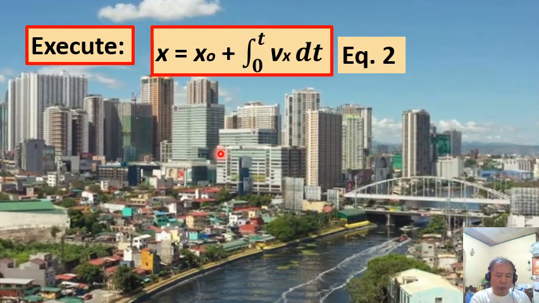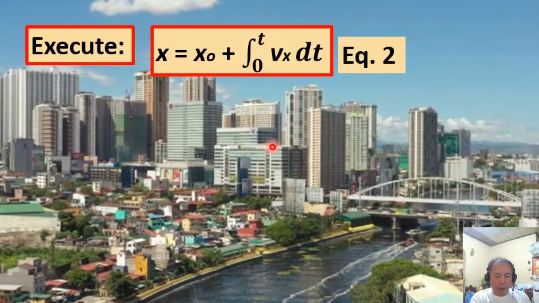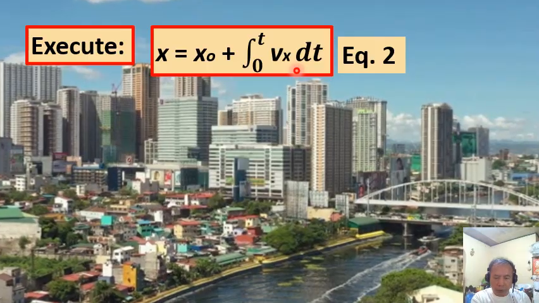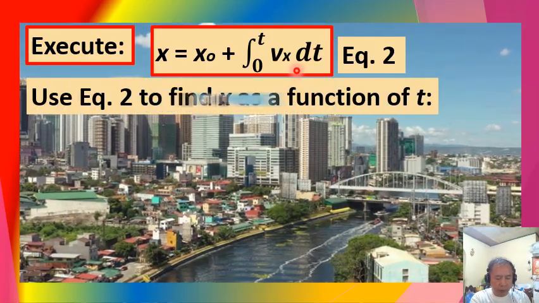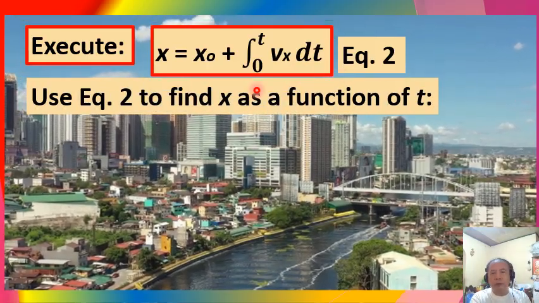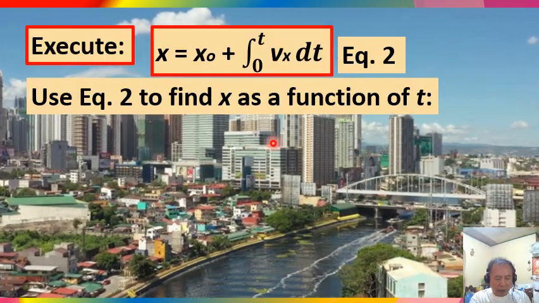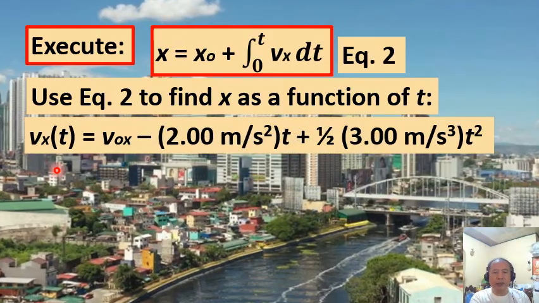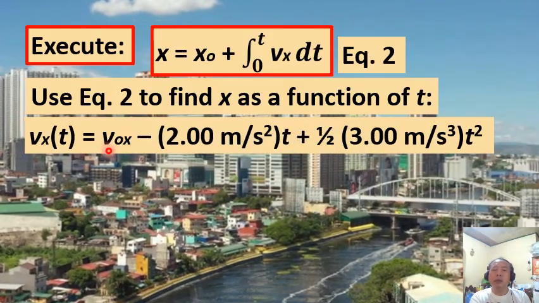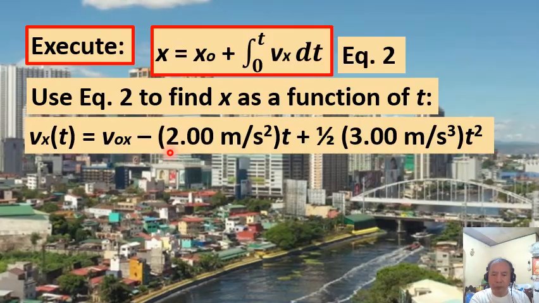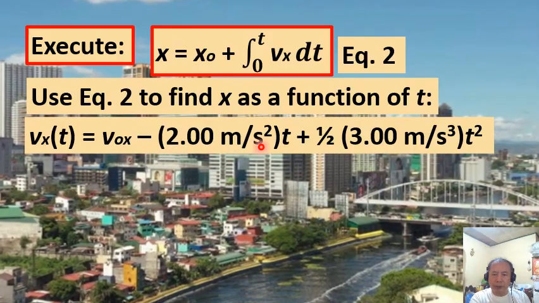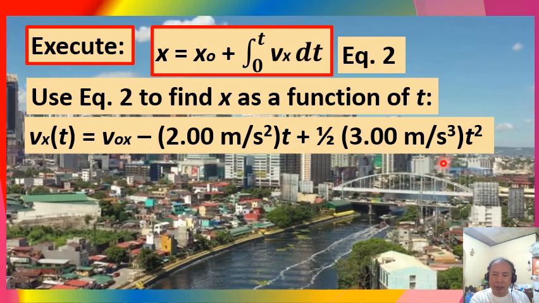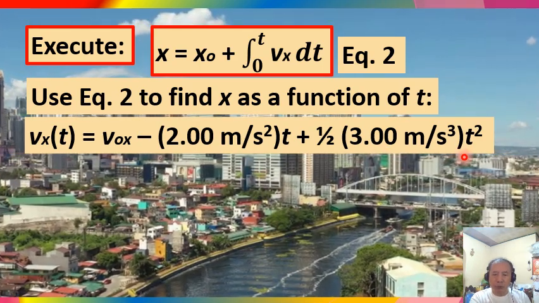To determine the equation for the position x as a function of time t, we use equation number 2. Earlier, we already had the equation for v_x: v_x equals v_0x minus 2.00 m/s² times t plus 1/2 of 3.00 m/s³ multiplied by t squared.